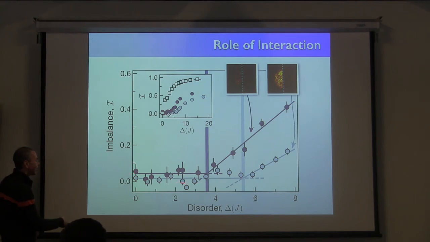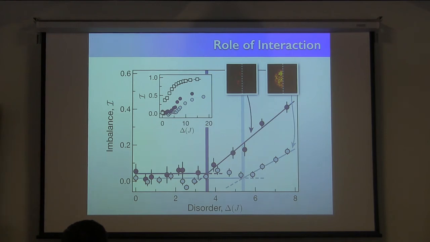The interacting case, the data I showed you before, shows this very dramatically different behavior: you see thermalization up to some disorder strength, and then only this non-thermalizing behavior above a certain disorder strength. And we can dilute the system to make it effectively more non-interacting, and then you can indeed see that this transition point shifts towards the Anderson localization point, which at least makes sense, which we should really expect for the system.